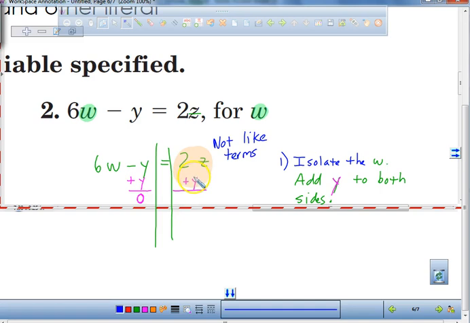If I said, what's 2Z plus Y, you better say 2Z plus Y. If I say, what's A plus B, you better just say A plus B, because they're not like terms. So right here, what am I going to write down? 2Z plus Y equals, what am I bringing down? 6W.